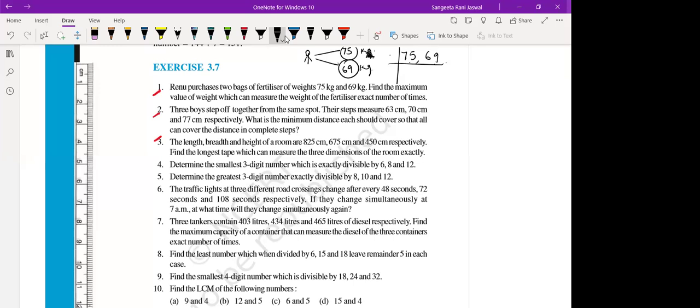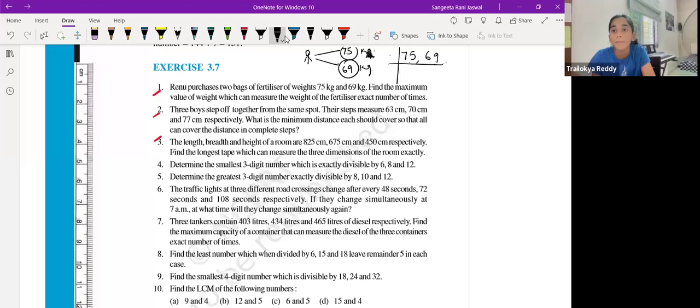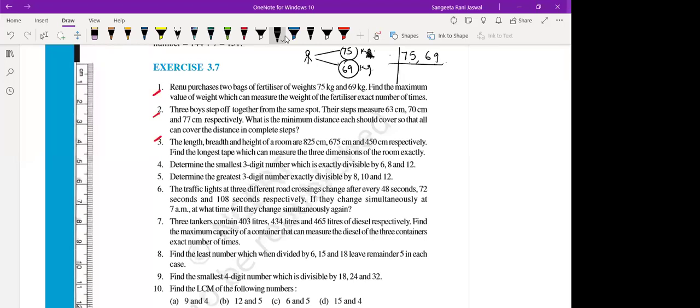Yes, ma'am. We should have a container or scoop which can measure 3 kg at one time. So as many scoops as we take out, there will not be any fertilizer left inside the bag.